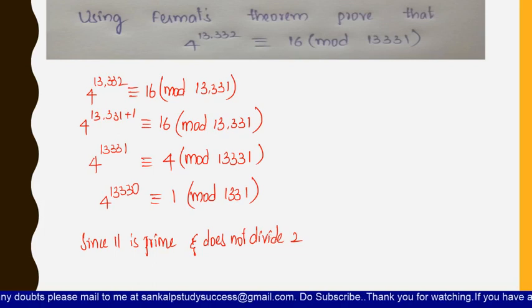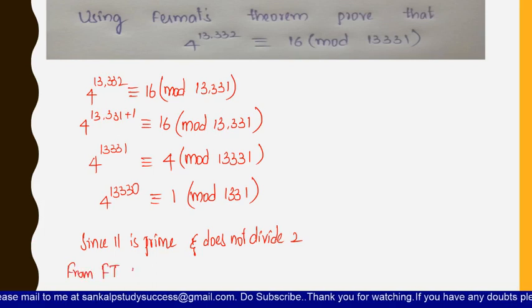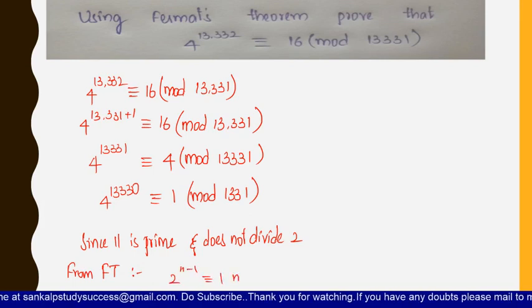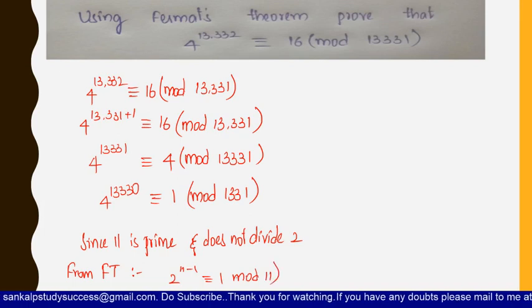So from Fermat theorem, now how can you write it as 2 to the power 11 minus 1 is congruent to 1 mod 11? Am I correct? We are just considering it. 2 to the power 11 minus 1 is congruent to 1 mod 11. So from here, 2 to the power 11 minus 1 is nothing but 2 to the power 10, right? 2 to the power 10 is congruent to 1 mod 11 here.